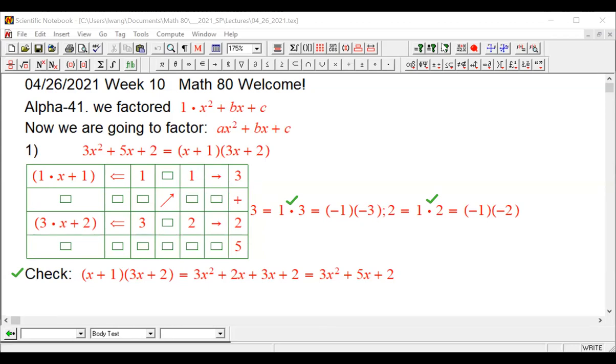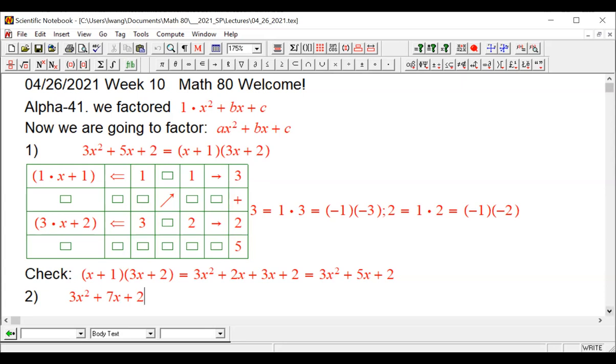So without further ado, I want you to try one. Are you ready? Please try number 2. I'm going to type the question here. Number 2 is 3x squared plus 7x plus 2.